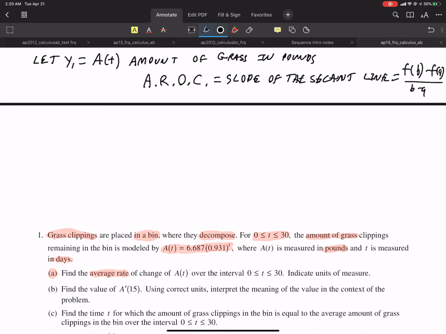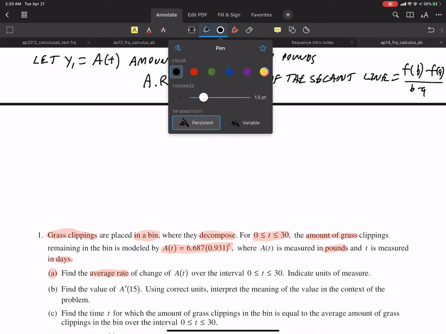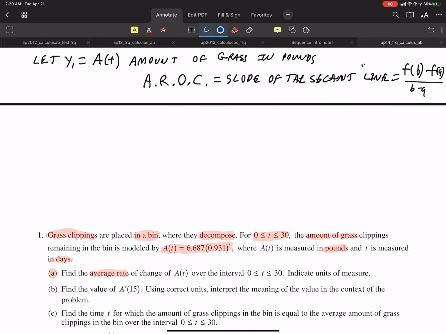If you have a function and you find the slope between those endpoints, call that m. That is the average rate of change over that period, the change in y over change in x. So it's the average rate of change over that whole time period.